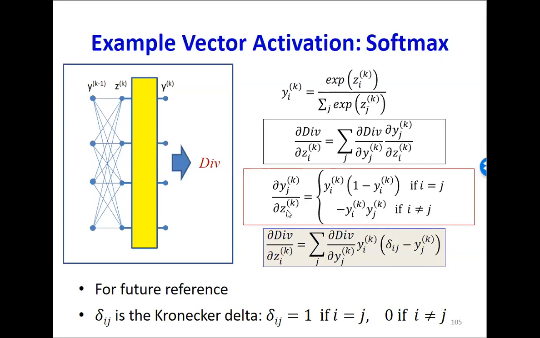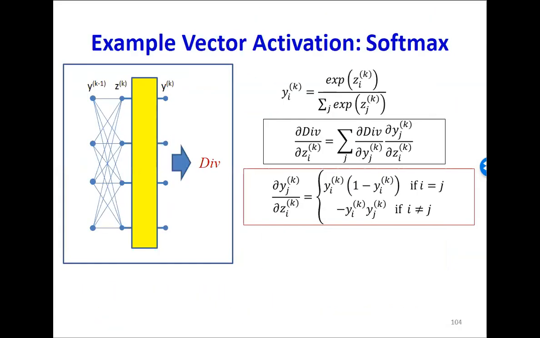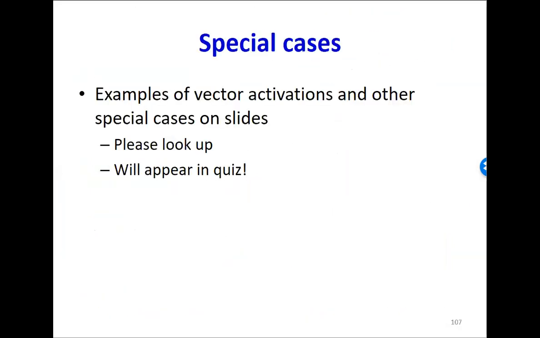And the derivative of each y with respect to z is different for the straight connection and for these cross connections. So the point is that you have to worry about the entire set of outputs and can't just think of these as a simple relationship.